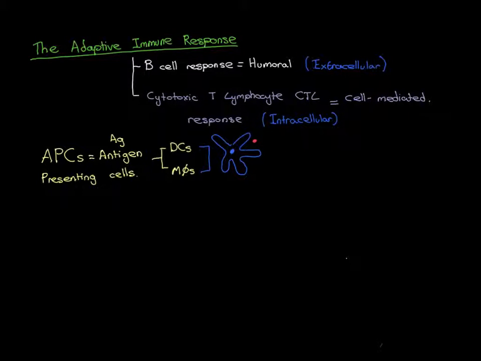So this is important. The decision of which adaptive immune response we are going to initiate is starting to be taken already by the antigen-presenting cells here. If they find an extracellular pathogen, they decide that they want to initiate a B cell response, an extracellular response, rather than an intracellular response.